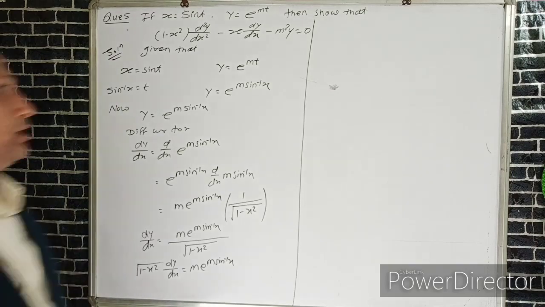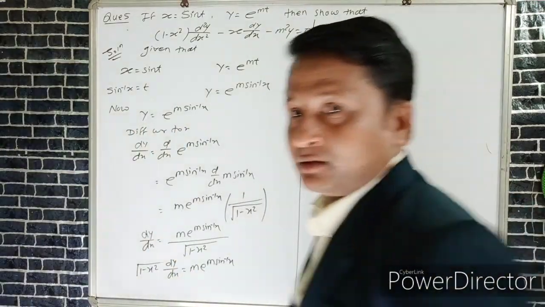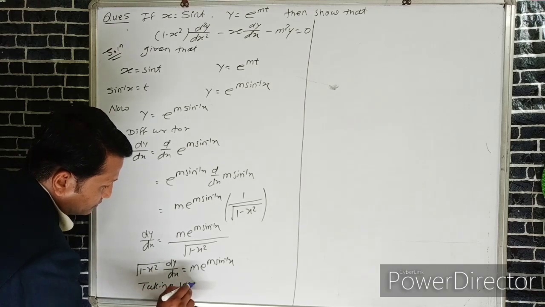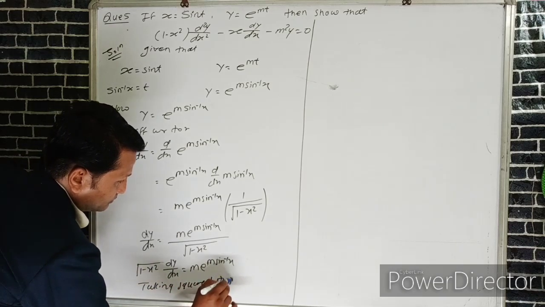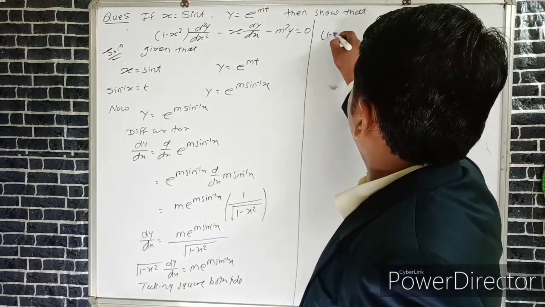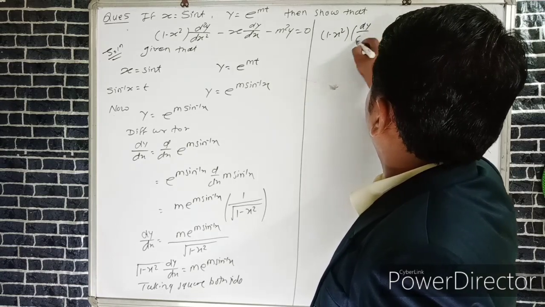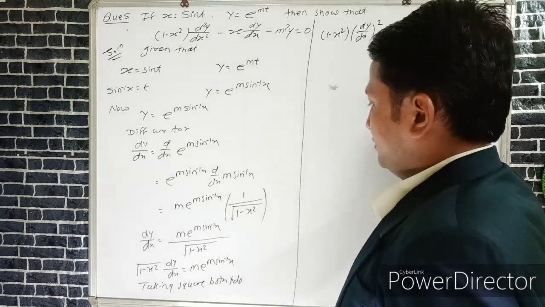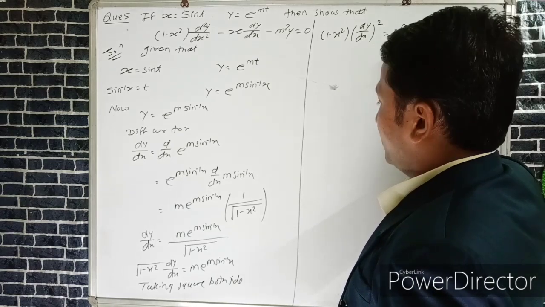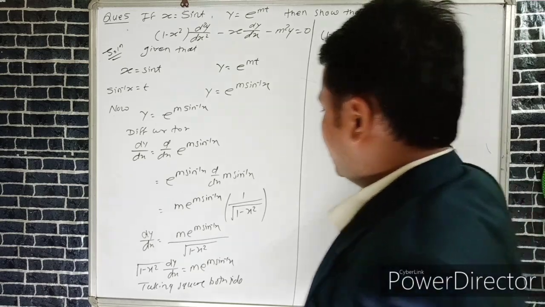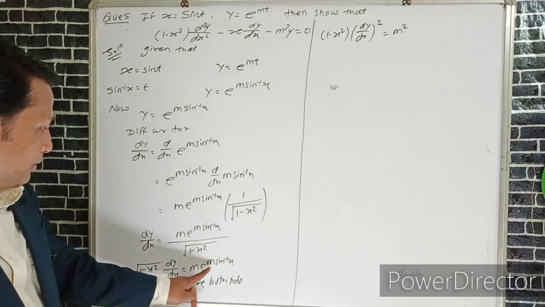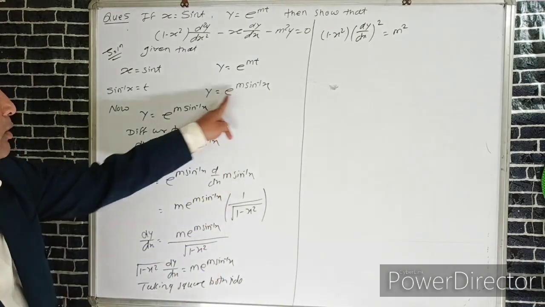Now taking square on both sides, the square of under root of 1 minus x square into dy by dx, whole bracket squared, is equal to m square e to the power m sin inverse of x. This e to the power m sin inverse of x is the value of y.